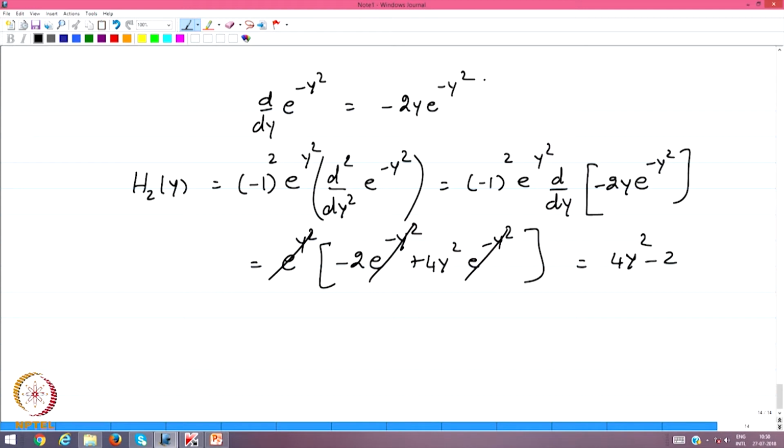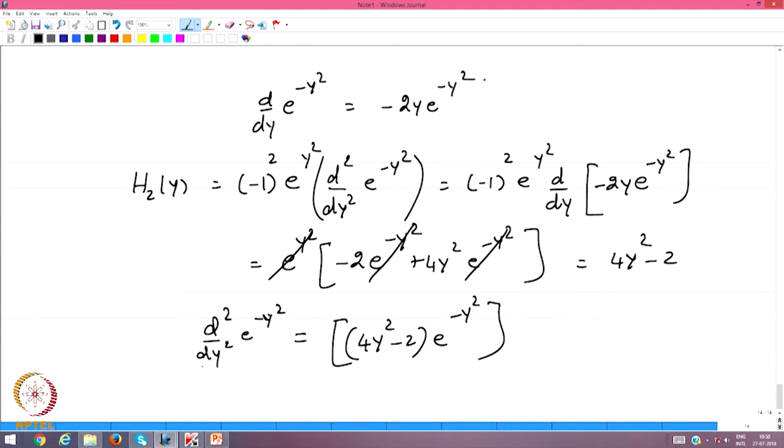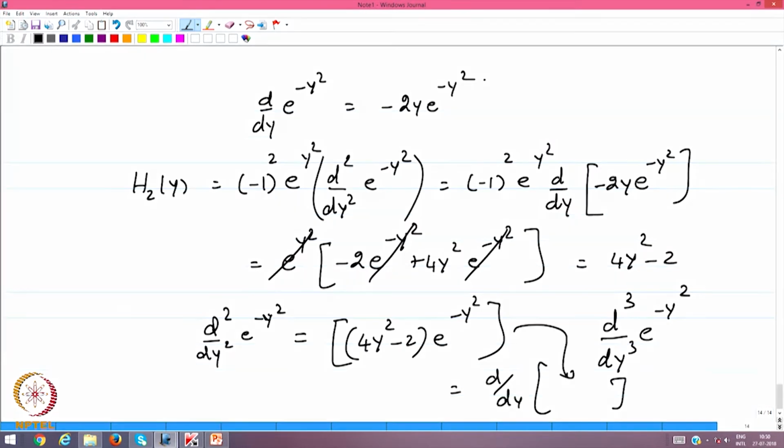But what is important is, remember, d^2/dy^2 of e^(-y^2) is (4y^2 - 2) e^(-y^2), and use this to calculate to the third order Hermite polynomial, d^3/dy^3 of e^(-y^2), as d/dy of everything that you have here.